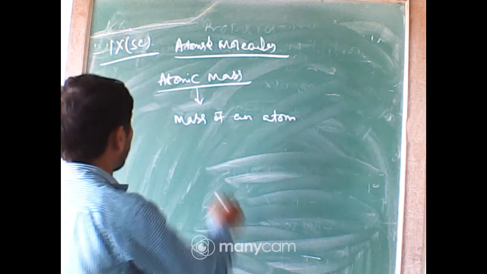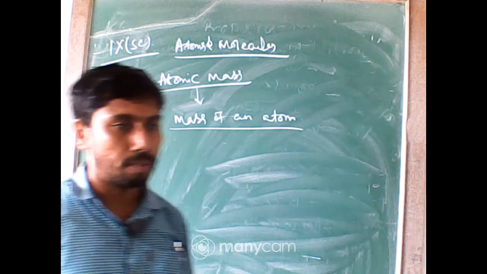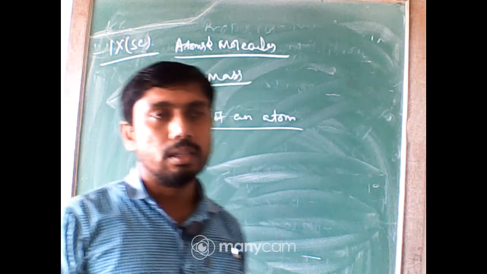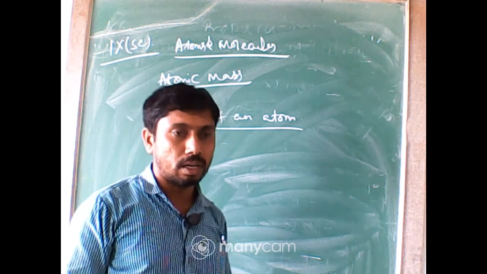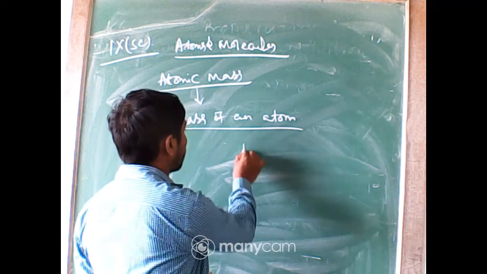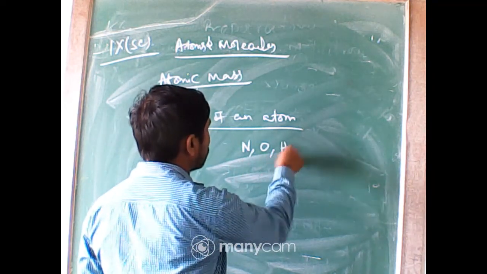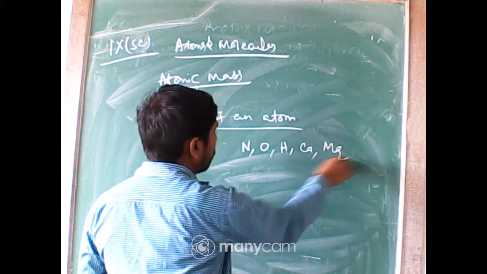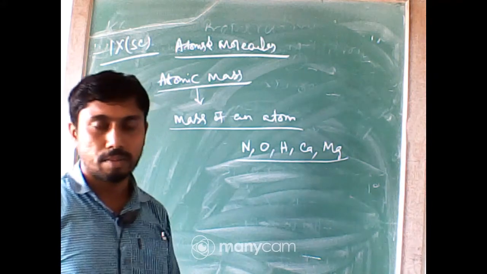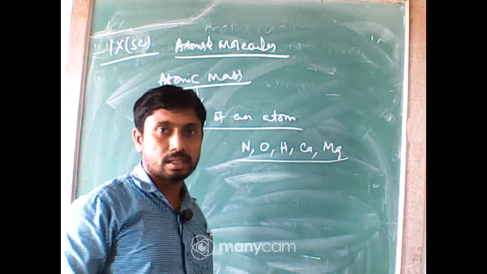Now how to calculate the mass of an atom? The sources are different, because for example an atom of nitrogen, an atom of oxygen, an atom of hydrogen, an atom of calcium, an atom of magnesium are species having different characteristics within themselves.